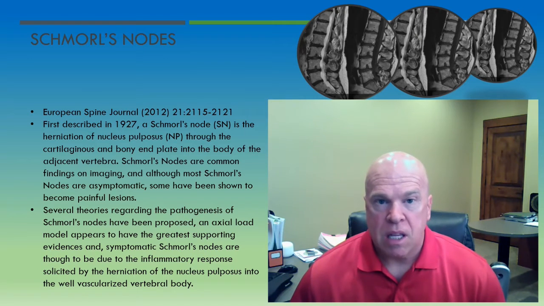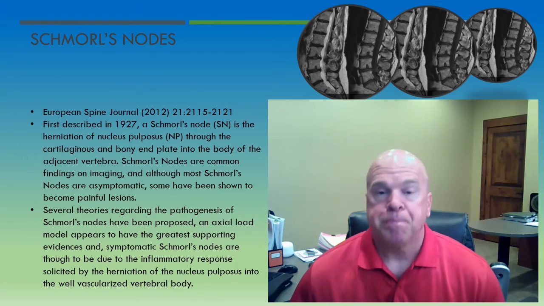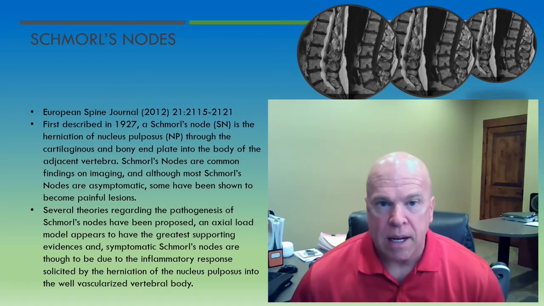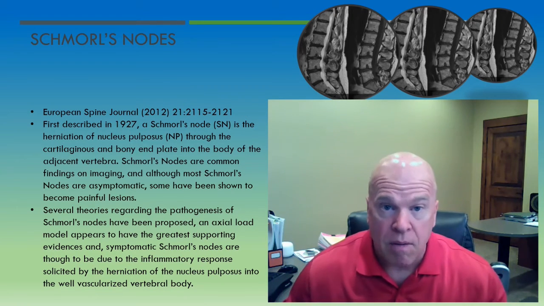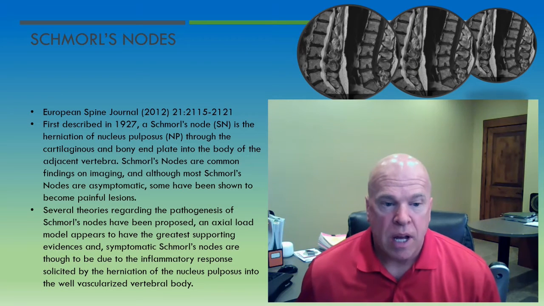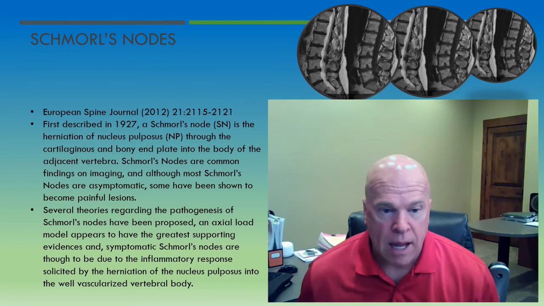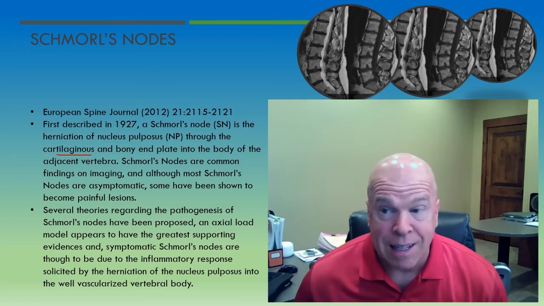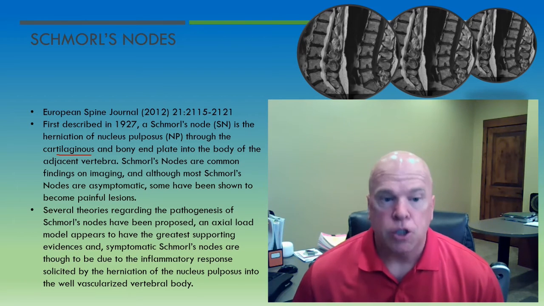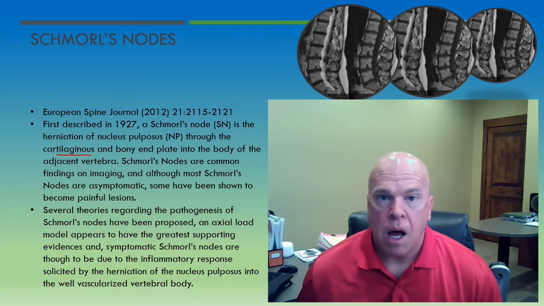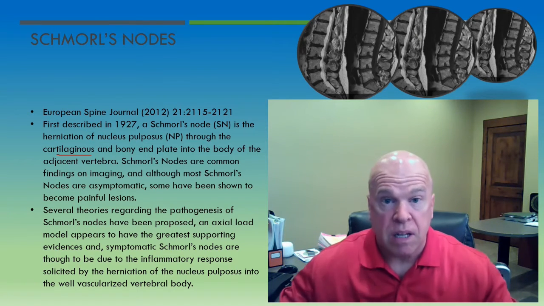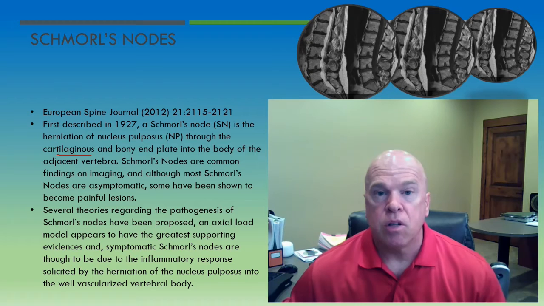So imagine the anatomy of a vertebra. The superior and inferior end plates of the vertebra are covered with a thin layer of hyaline cartilage. That's what's referred to as the cartilaginous end plate. That's hyaline articular cartilage. And then that is covered with the fibrocartilaginous intervertebral disc.